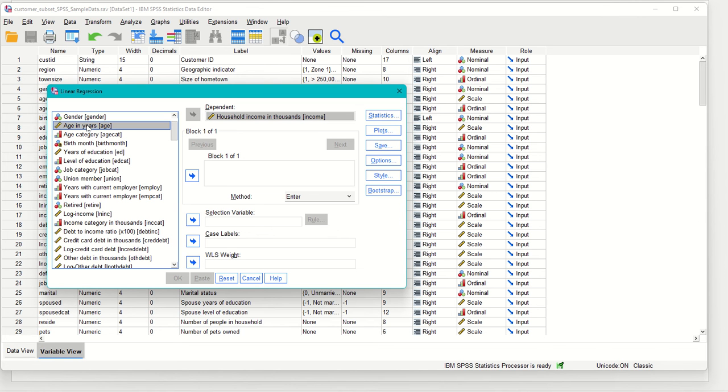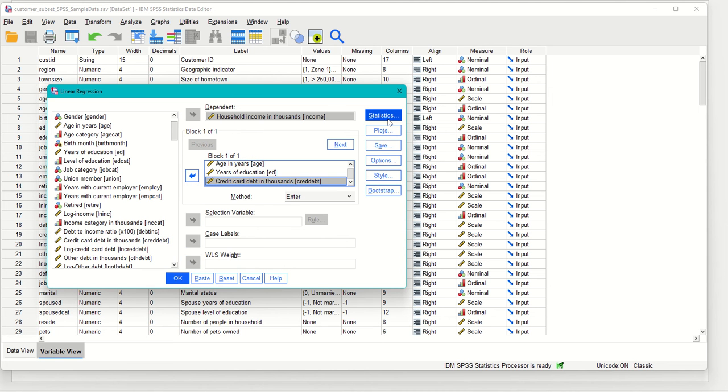So we're going to use age, and you'll notice the little ruler, which in SPSS indicates that it's continuous data, or as it refers to it, scale data. And we'll select the little arrow to push it into that box, years of education, and then let's see, credit card debt.